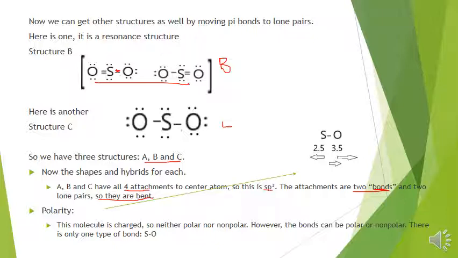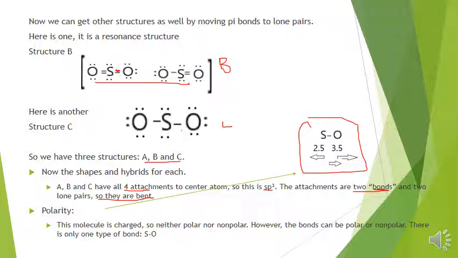In terms of polarity, this is a charged molecule, so it doesn't have polarity. But the bond can be polar. And then there's only one type, and that's the sulfur-oxygen bond. Oxygen has a pull of 3.5, sulfur 2.5.